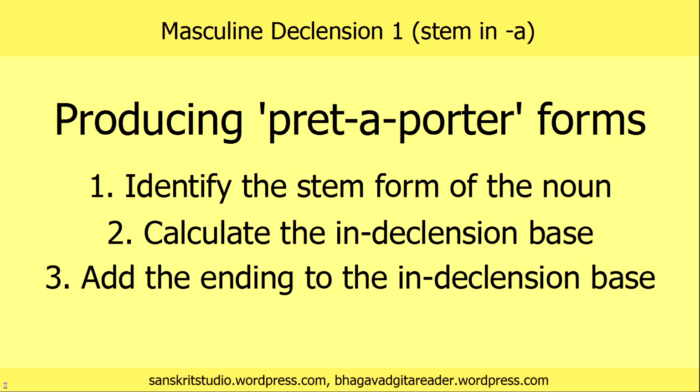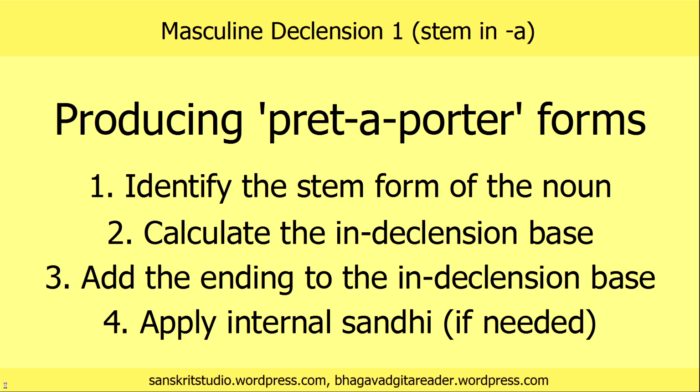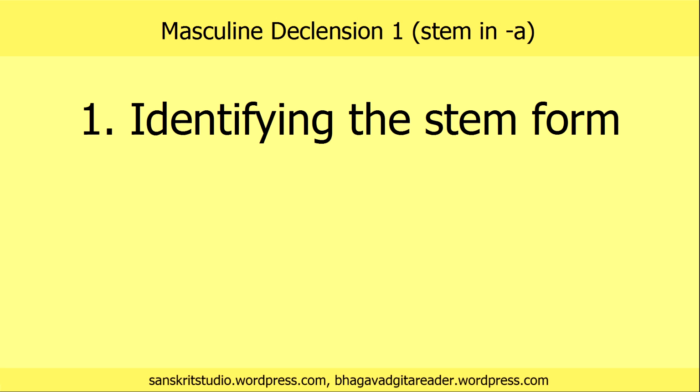The third step is to add the ending to the declension base. And the fourth step is to apply internal sandhi if needed. So let's talk about the first step, identifying the stem form.